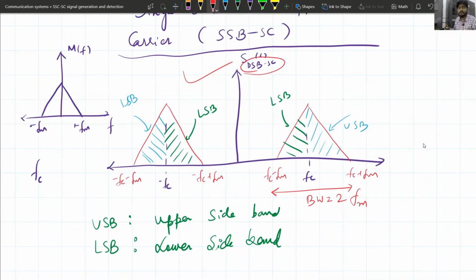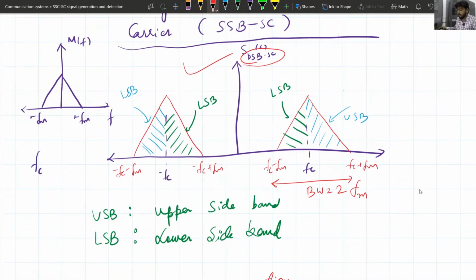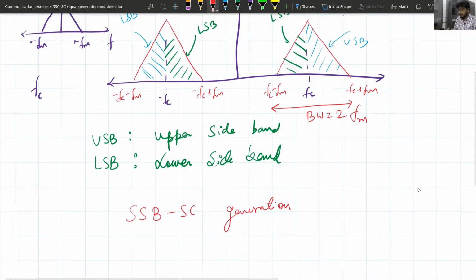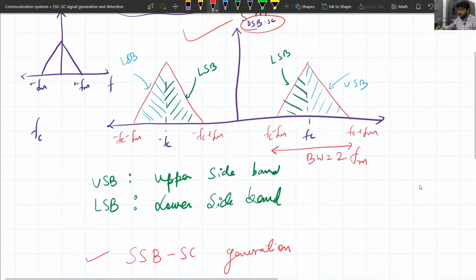Both the sidebands are carried along with the carrier wave, but in case of single sideband suppressed carrier, only one of the sidebands is transmitted from one point to another. So these are the two sidebands, LSB and USB.